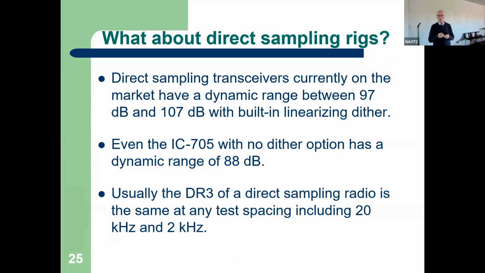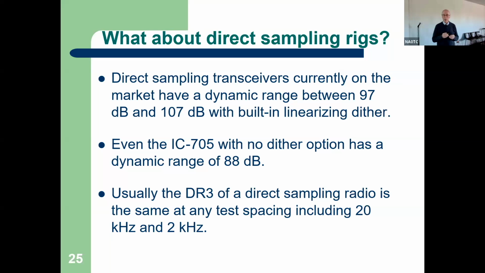So the dynamic range of today's direct sampling radios is between 97 and 107 with the built-in linearization turned on. Sometimes you don't even turn it off. Now the ICOM 705 doesn't have that linearization called dither, but it's got an 88 dB dynamic range.